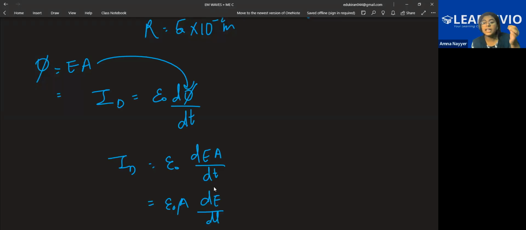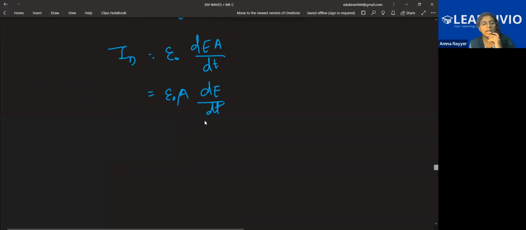Class, see, dE over dt is as it is given in the question. Epsilon naught, you know, area you can calculate for a circle. It is pi r square.